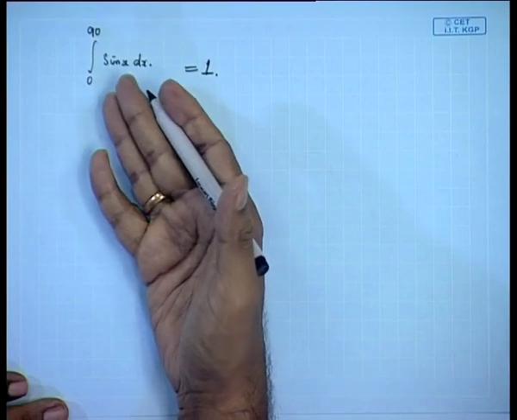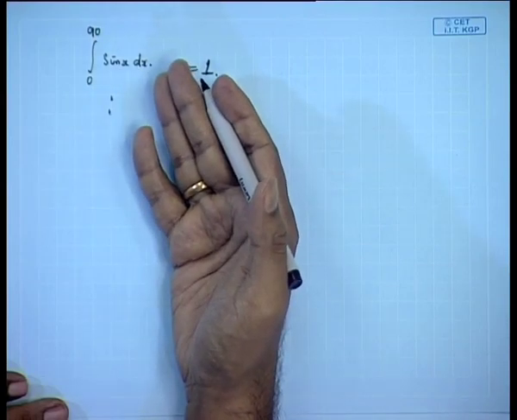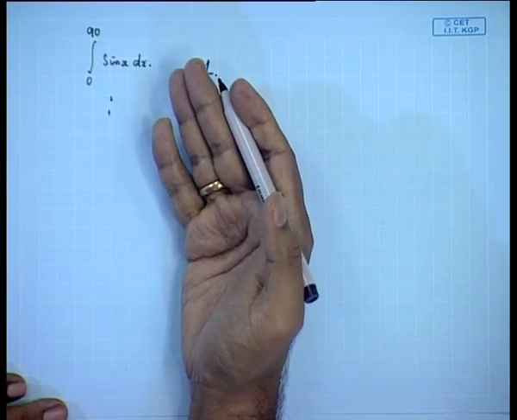The integral of sin x is minus cos x, so it becomes cos 90, that is 0, minus cos 0, so 0 minus 1, which is equal to plus 1. 1 is the answer to this problem.